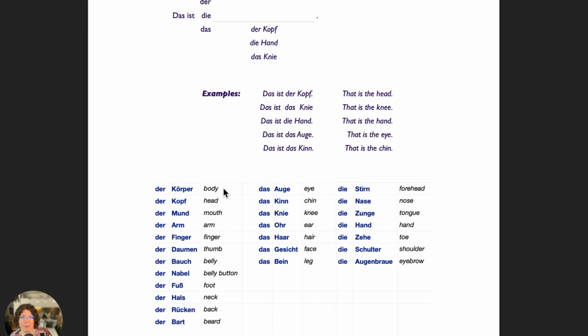Das ist der Körper. Das ist der Finger. Das ist der Bauch. Das ist das Kinn. Das ist die Nase. Das ist das Bein. Das ist die Stirn.